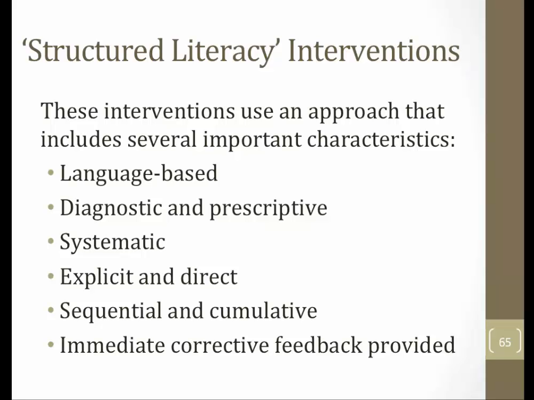And then finally, making sure that when a child responds with a wrong answer, we're not going to tell them what the right answer is. We're going to respond and give them corrective feedback that will lead them to discover the correct answer. It's difficult to sort of describe that, but it's a very important part of working with these children.